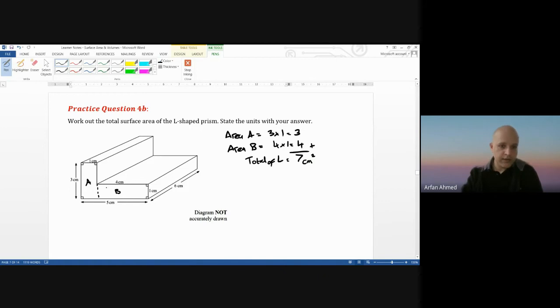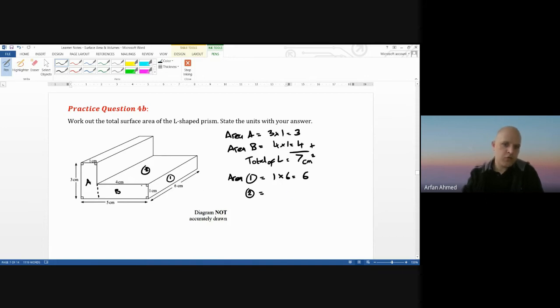I could see straight away that, if I had these dimensions, let me split it this way, it'll just make my life a lot easier to work out the area. So we've got 2 of those L shapes, one on the front, one on the back. Let's call this one shape 1. So area of 1. It's going to be 1 times 6. That's that done. Let's call this shape 2.